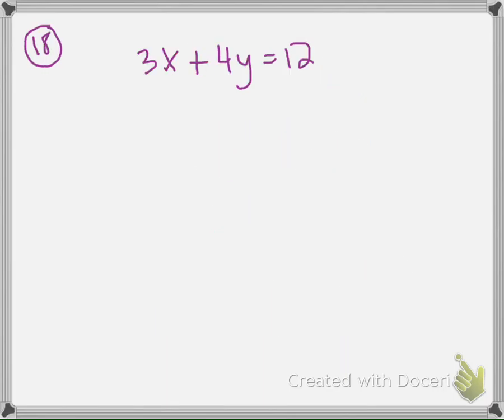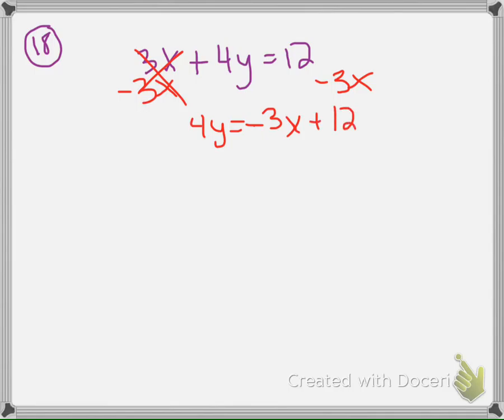Okay, number 18. Again, first thing to do is subtract your x or move the x. I'm left with 4y equals negative 3x plus 12. I need to divide by 4 on both sides. Everything gets divided by 4 to get rid of it. I'm left with y equals negative 3/4.